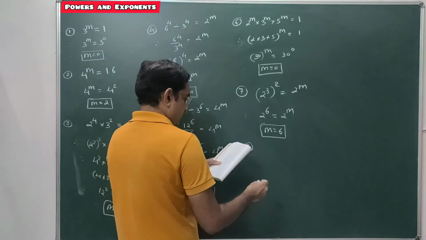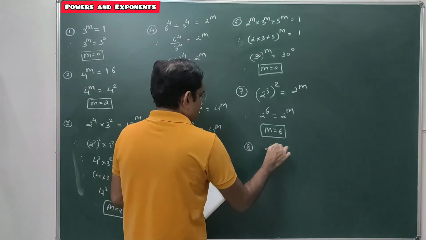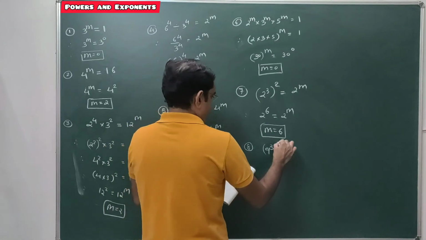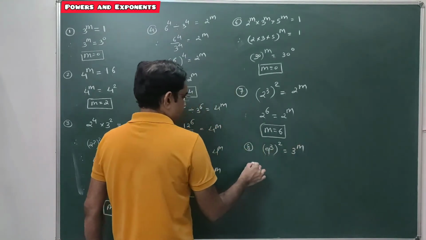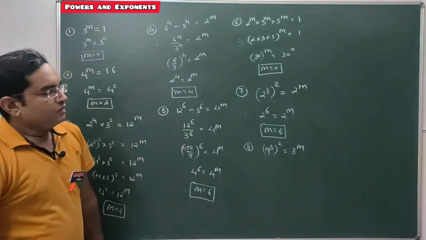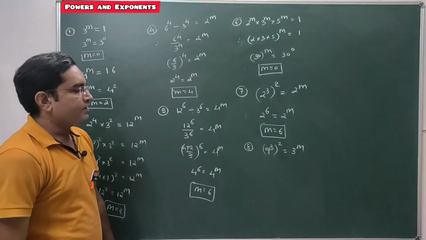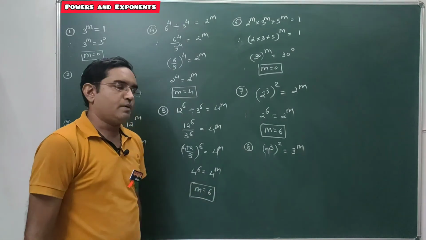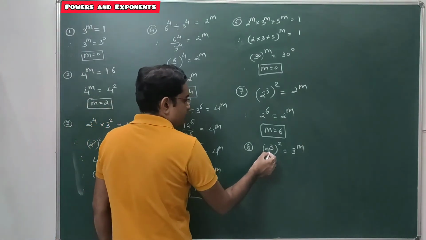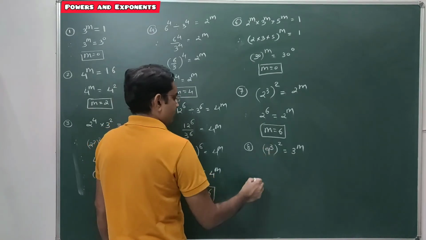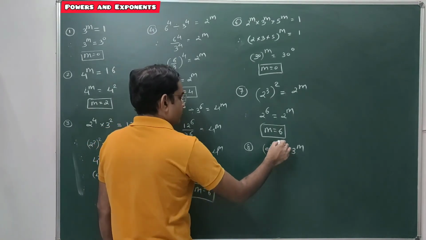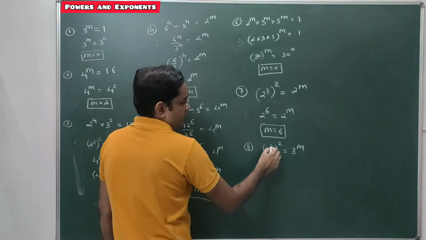Now question number 8. 9 cube raised to 2 equal to 3 raised to m. We have to make the powers with the same base. So here the base is 9, here the base is 3. So the first step is to take power of power.